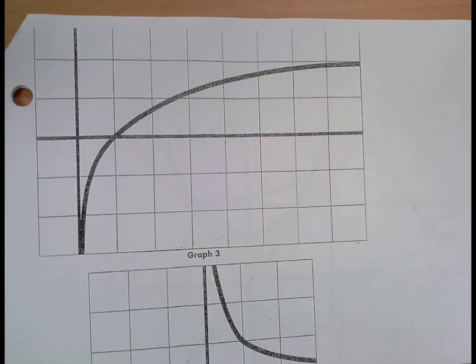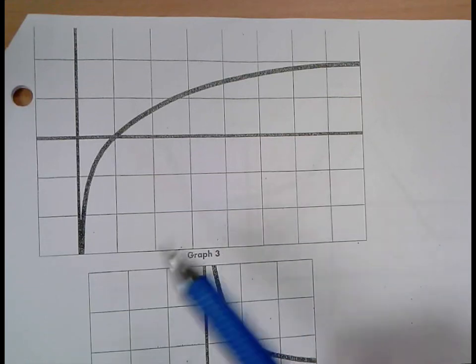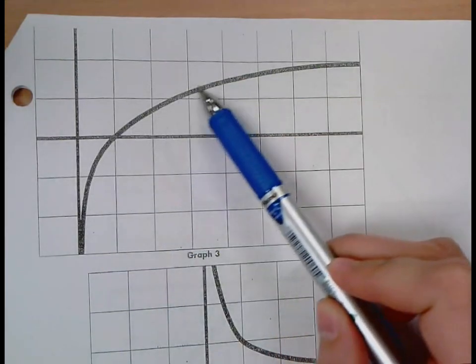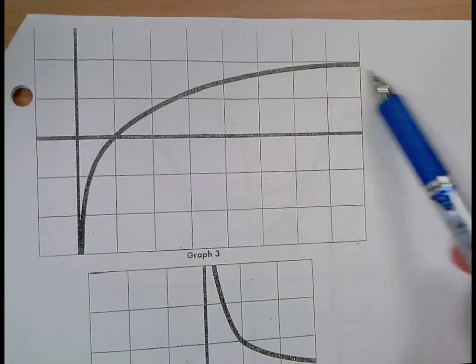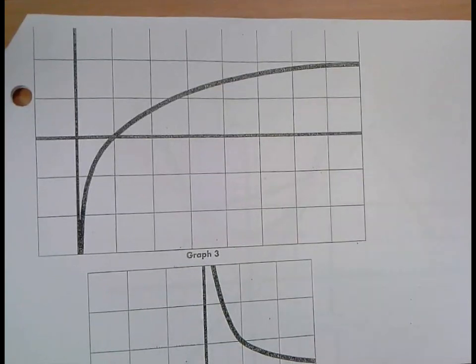So if this is the graph of f, at any point, does f have a horizontal tangent line? So this curve is approaching a horizontal tangent line, but won't ever have one.